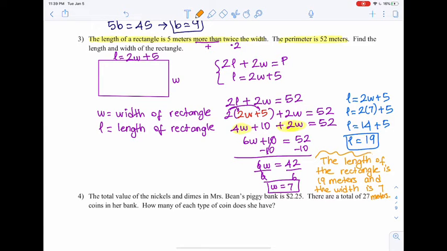And here is our final answer for this one. Okay, well done. We're done with another question.